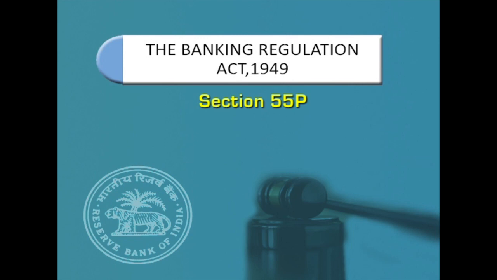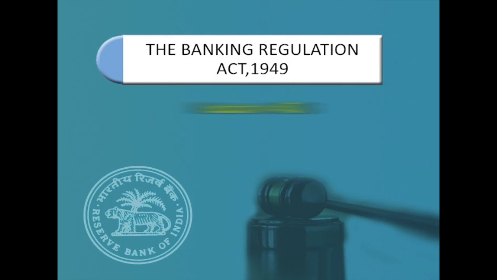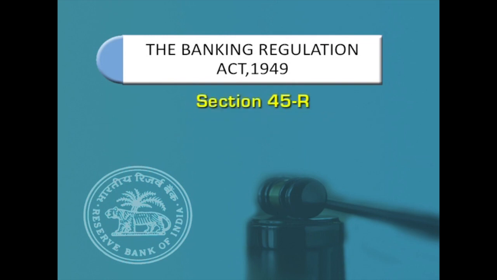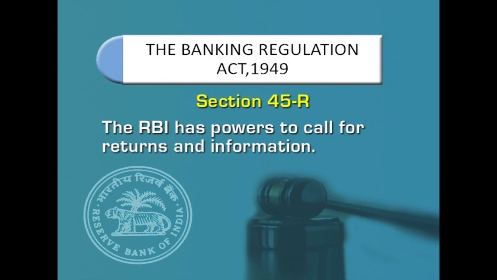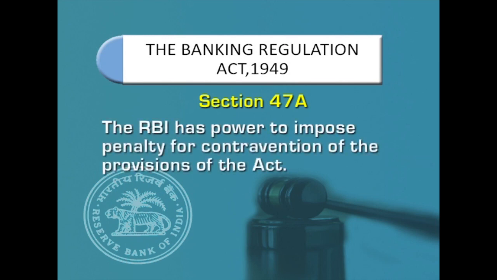Under Section 55P, the RBI tenders advice in winding up proceedings. 9. Under Section 45Q, it has powers to inspect in case of winding up proceedings of banks. 10. Under Section 45R, it has powers to call for returns and information. 11. Under Section 47A, the RBI has power to impose penalty for contravention of the provisions of the Act.